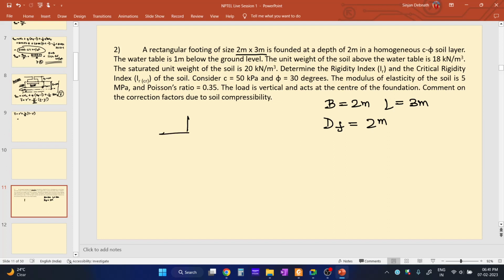Let me draw it once. This one is your foundation. This is the depth of the foundation, 2 meter. And the water table is 1 meter below the ground level.